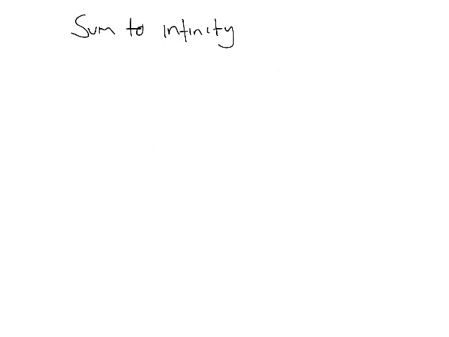So a sum to infinity, a sum of infinite terms, wouldn't make sense because that's just going to get really, really large. However, if we've got a value of R that is less than 1 but greater than -1, then each term is actually going to get smaller and smaller.